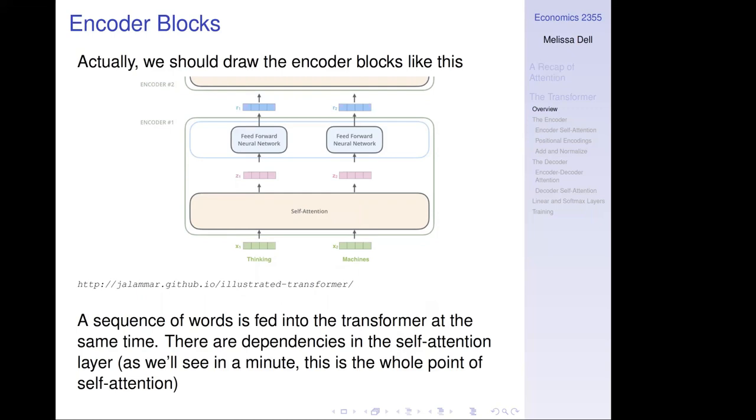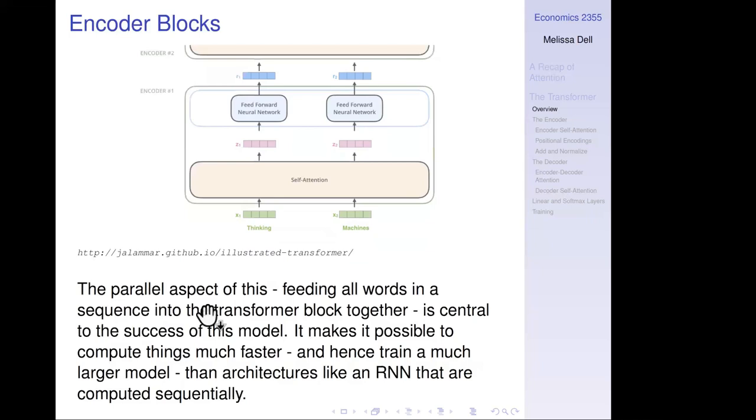But then we feed it through the feed-forward layers, and that happens in parallel. The representation for each word in the sequence is fed independently through the feed-forward layers. And as you can see, there's an important parallel aspect, or actually aspects, to this.